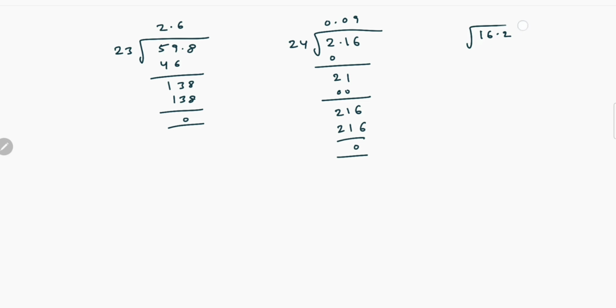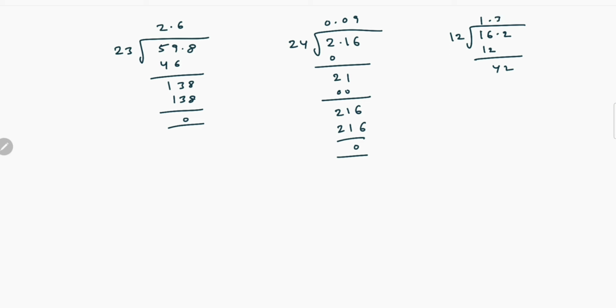16.2 by 12. 12 1s are 12. 4 will come down. Put a decimal point here. 2 will come down. 12 2s are 24, 12 3s are 36.